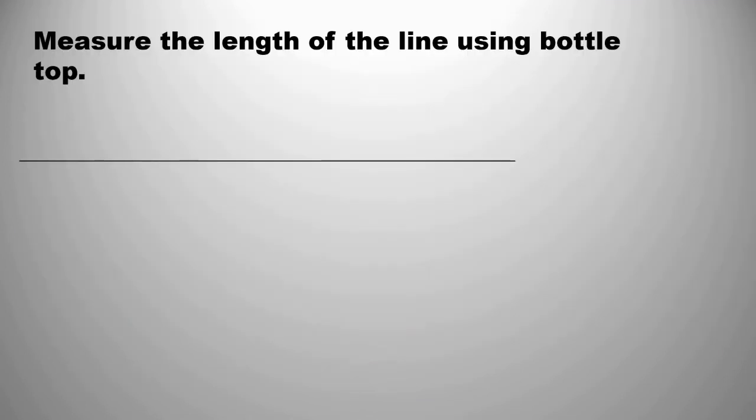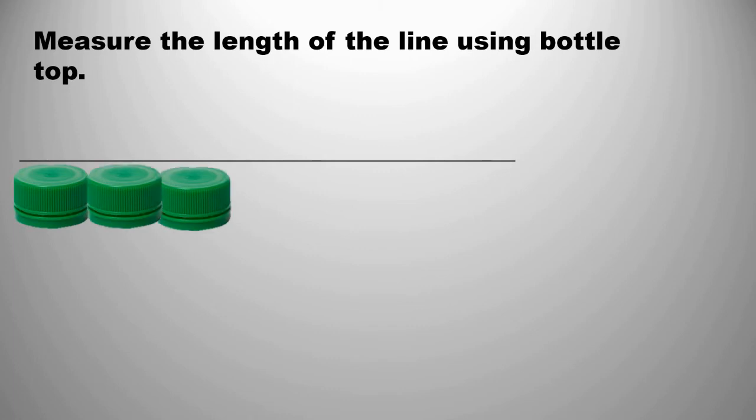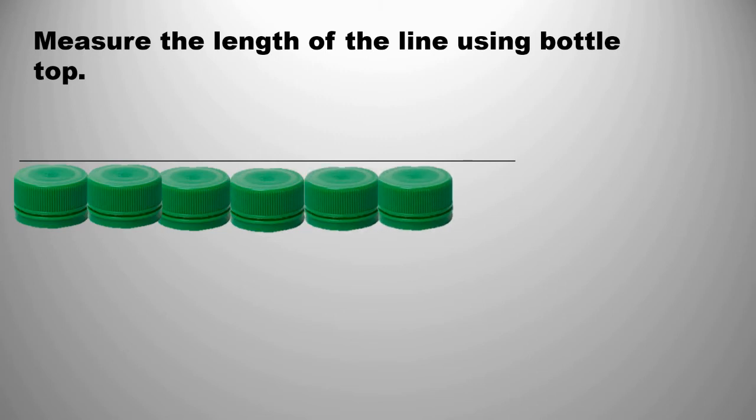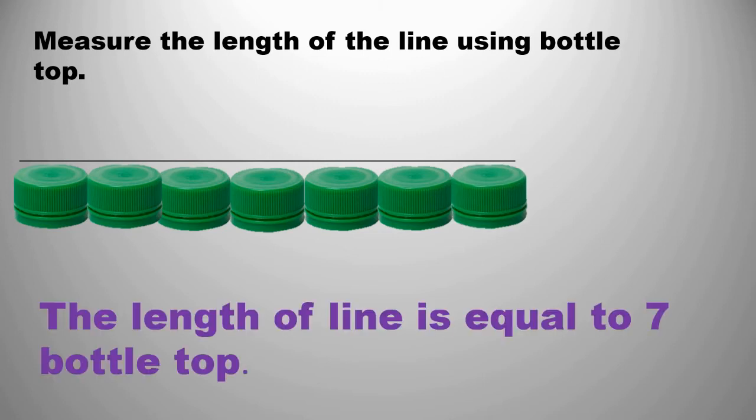Measure the length of the line using bottle tops. 1, 2, 3, 4, 5, 6, 7. So the length of the line is equal to 7 bottle tops.